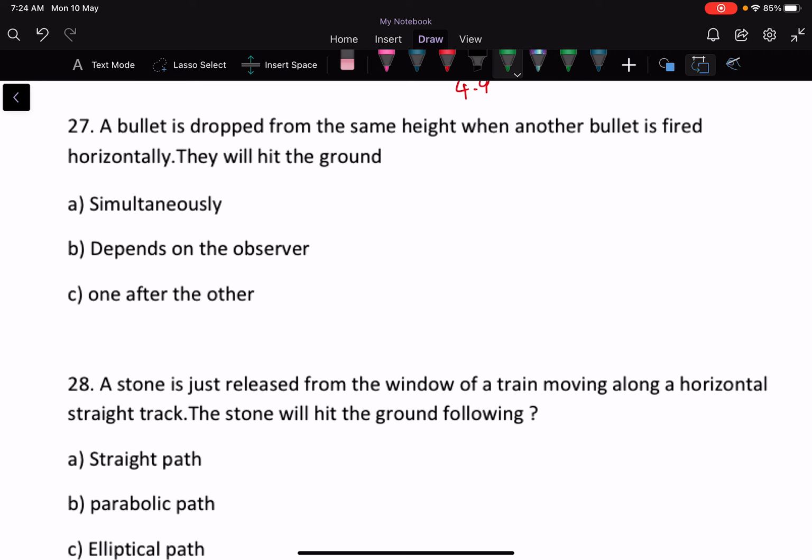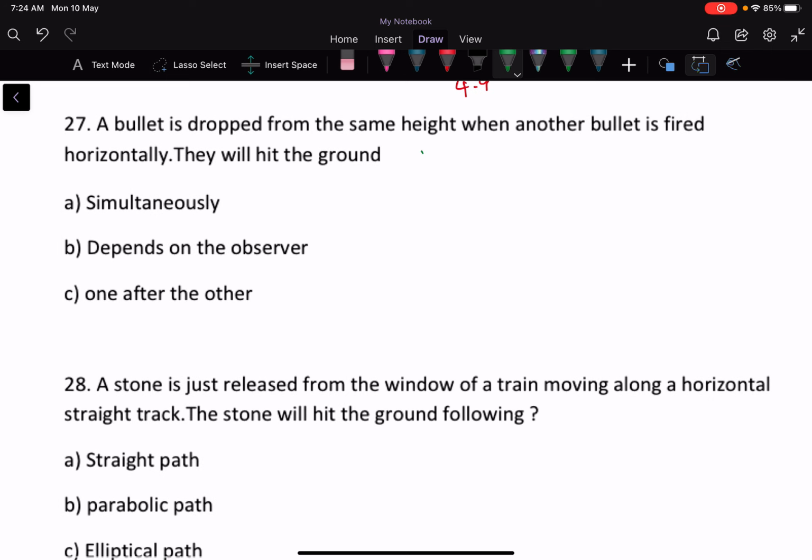A bullet is dropped from the same height when another bullet is fired horizontally. Dropped means v0y is equal to 0, and the other bullet is fired horizontally. Horizontally means, in this case, x equal to v0x is there, but the y component of velocity is again 0.